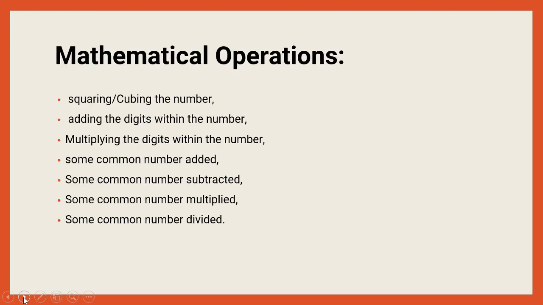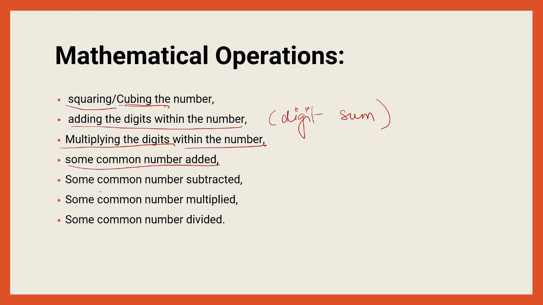So, what kind of mathematical operations could be seen in an input-output problem? You could see the numbers being squared, or cubed, or adding the digits within the number, which is nothing but the digit sum, or multiplying the digits within the number. You could see some common number being added, subtracted, multiplied or divided.